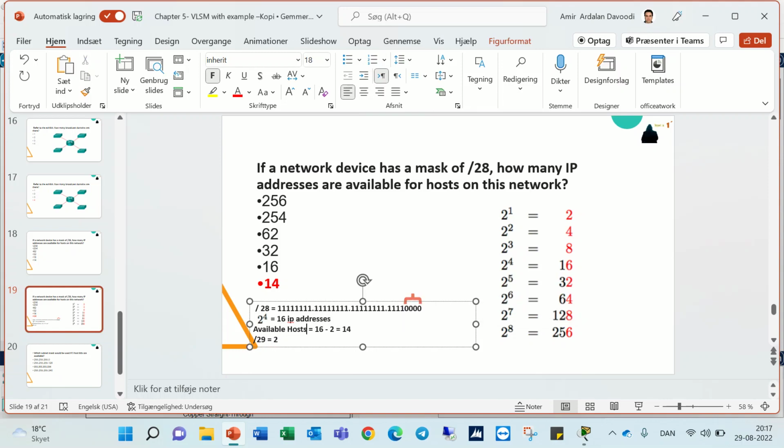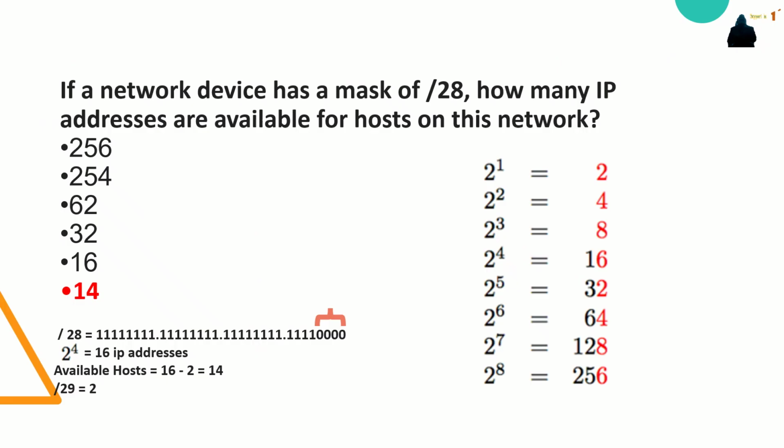It means 16 minus 2, where 2 is the network address and broadcast IP address, and it will be 14.